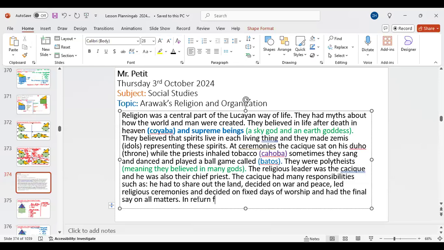So in return for these responsibilities, he also had a lot of privileges. In return for these responsibilities, he had privileges as well.